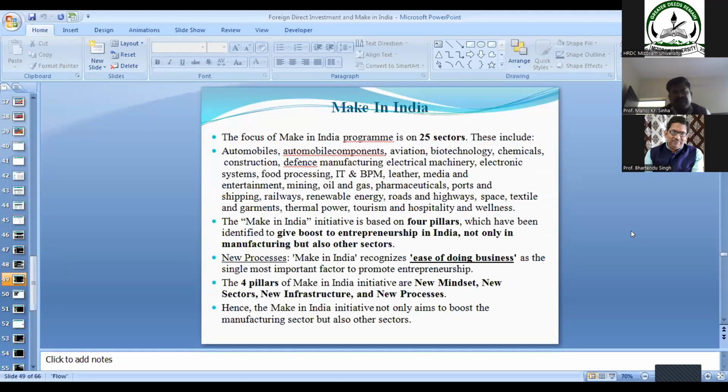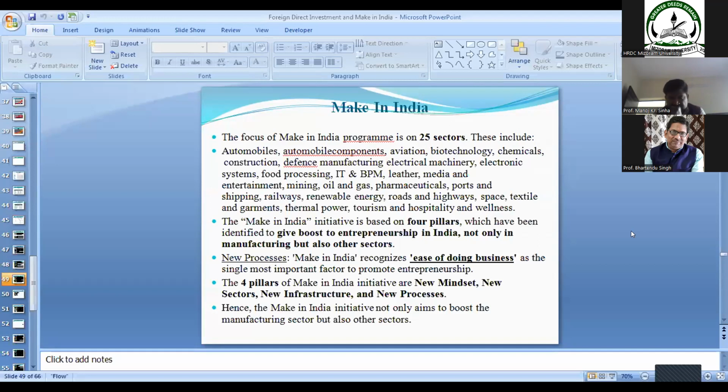The focus of the Make in India program is on 25 sectors. These sectors include automobiles, automobile components, aviation, biotechnology, chemicals, construction, defense, food processing, and many other manufacturing sectors. The Make in India policy is based on four pillars.